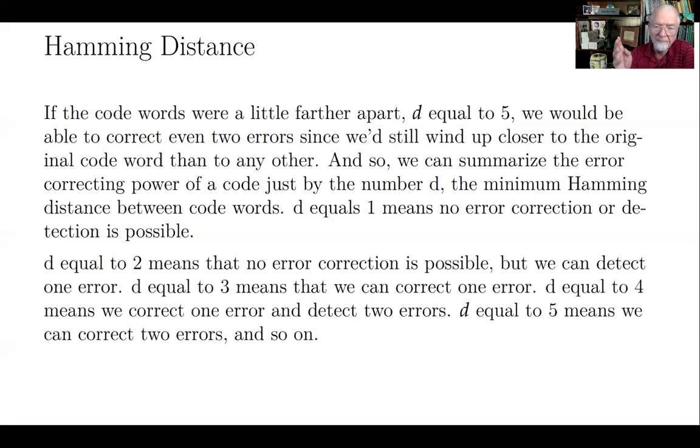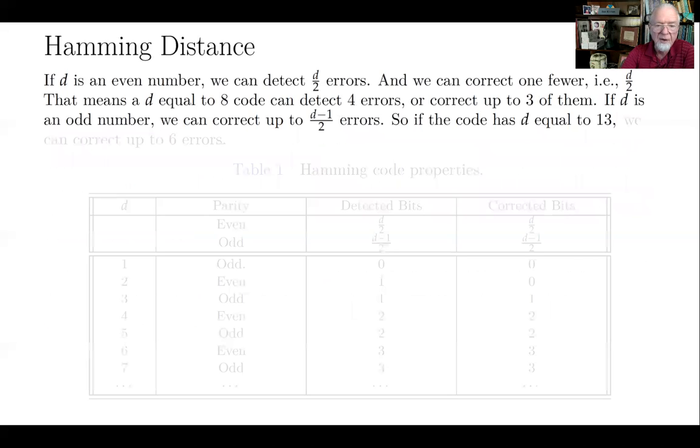And you can keep going, 6 and so on, as you go up. So if D is an even number, we can detect D over 2 errors. We can correct one fewer than that, D over 2 minus 1. And if D is equal to 8, that means we could detect 4 errors and correct up to 3 of them.